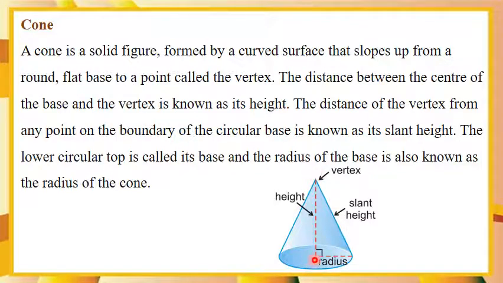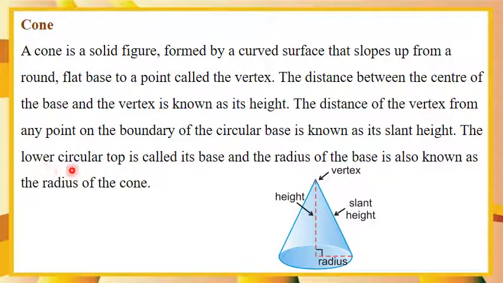The distance of the vertex from any point of the boundary of the circular base is known as its slant height. From the vertex to the boundary, it is called the slant height.